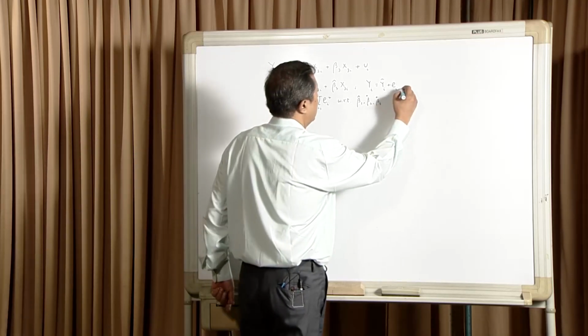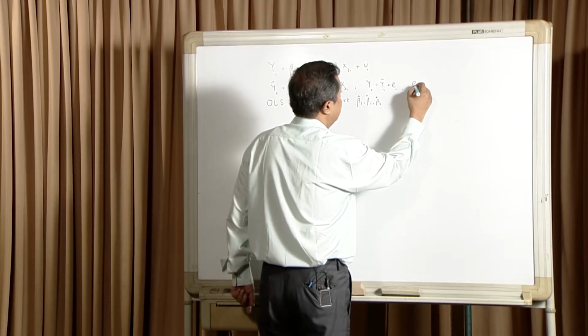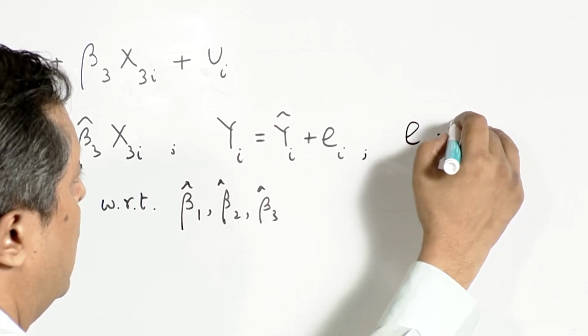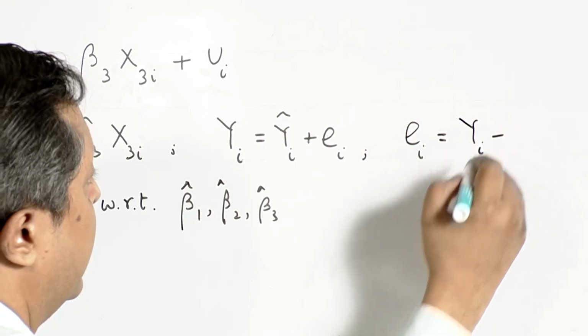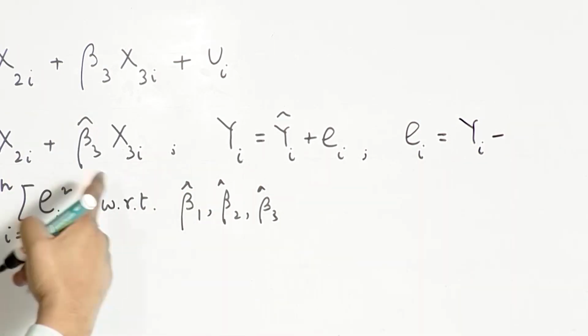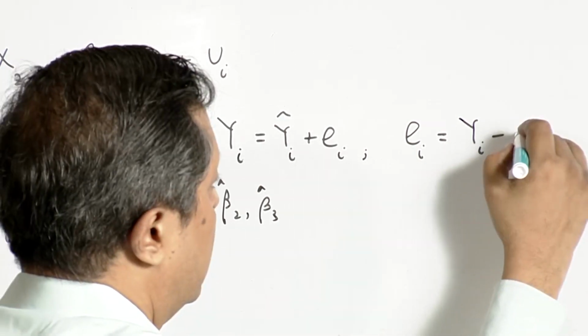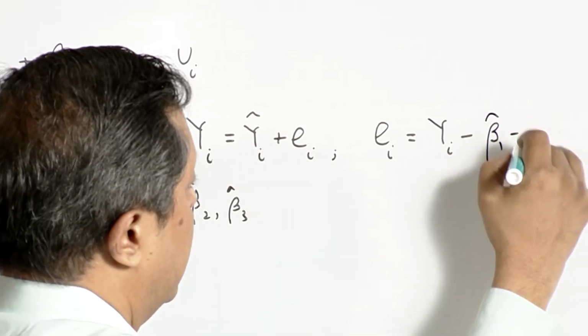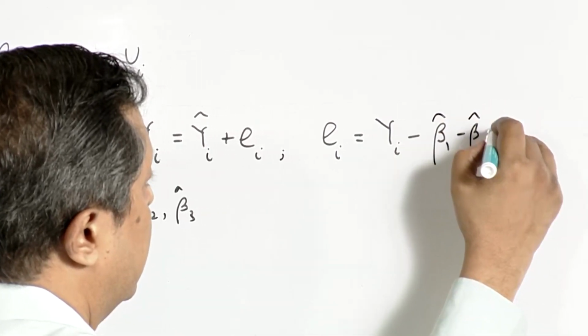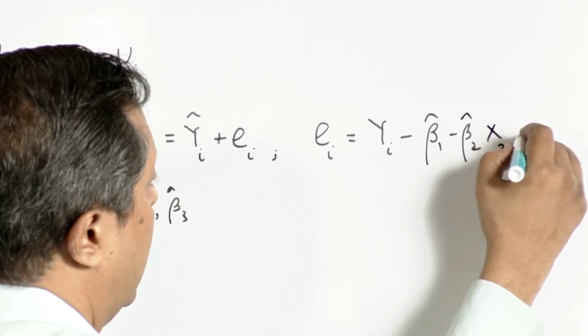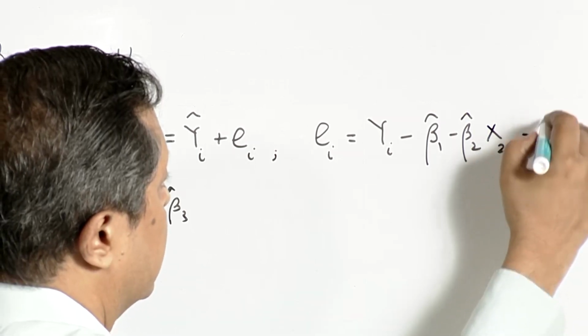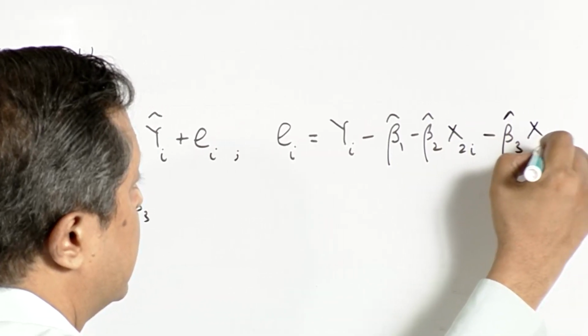So, we have already seen that e i is equal to y i minus y hat i, which is y i minus beta 1 hat, beta 2 hat x 2 i and beta 3 hat x 3 i.